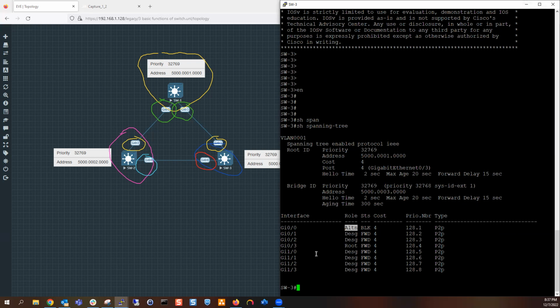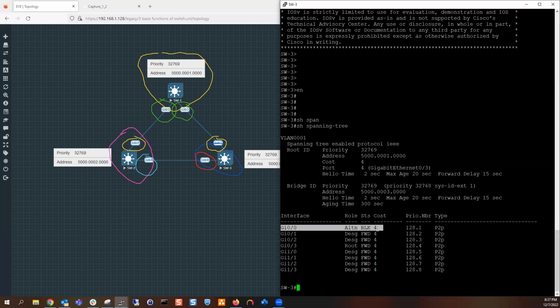So in any case, if this root port, gigabit 0/3, stops working, the same calculations are going to happen on switch 3. Within the entire topology, this broadcast is going to say, hey, I need another path to the root. This port is the alternate path because spanning tree is there to help with redundant paths, and with redundant paths, we can have loops.